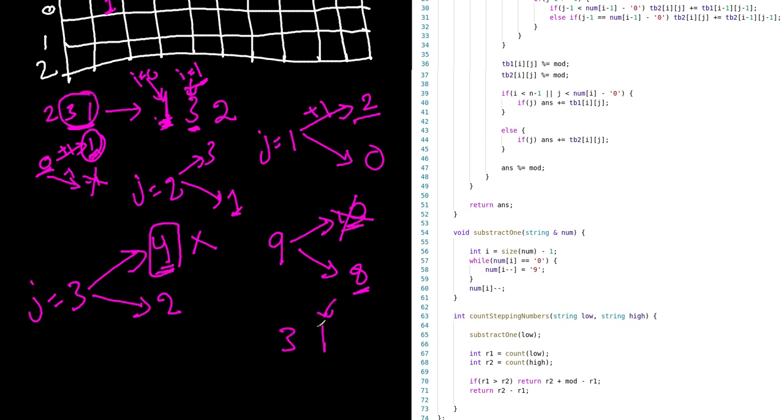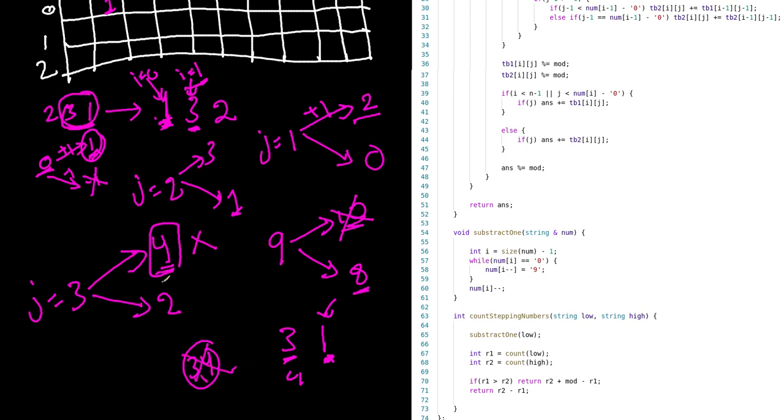We calculated already for 1. Now if this number is greater than the previous one, that means this whole number will be greater than the whole segment, and this is invalid.